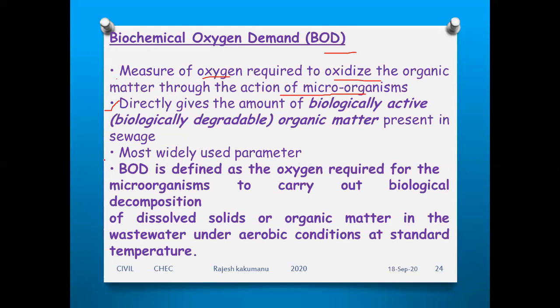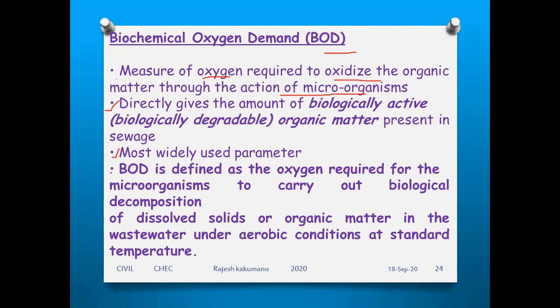Next, the most widely used parameter. Among the BOD, COD, TOC and THOD, biochemical oxygen demand is the most widely used parameter for testing oxygen measures in sewage water, mostly industrial sewage water.